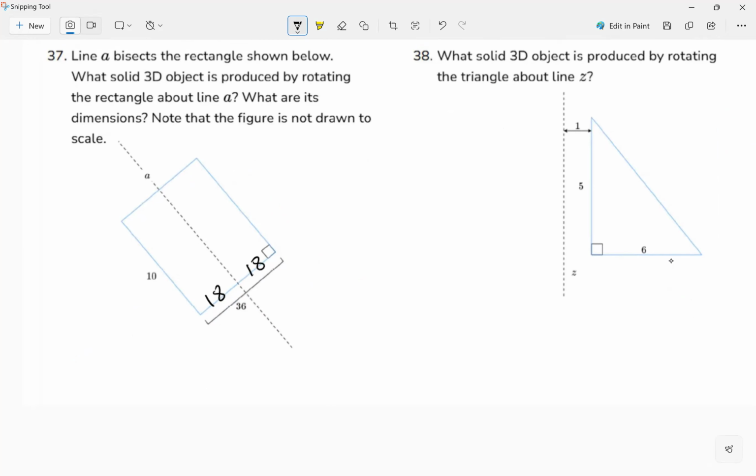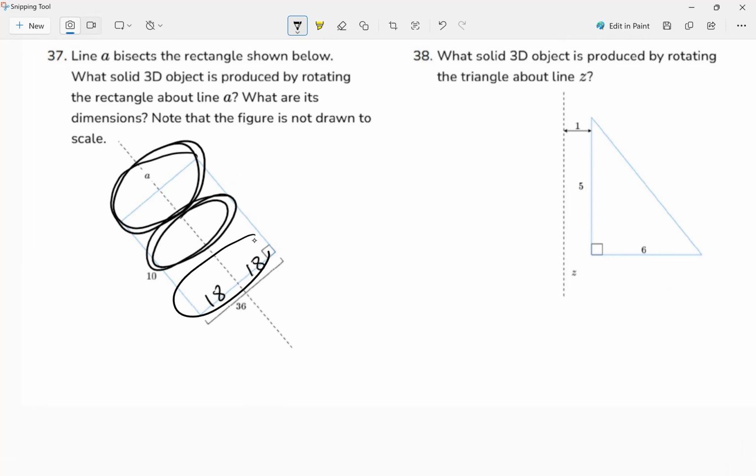So around line A, I see that this will create a circle there. This will create a circle and a circle, but it happens to be the same size of a circle. So in that case, I'm going to call this a cylinder. This is a cylinder with radius 18.